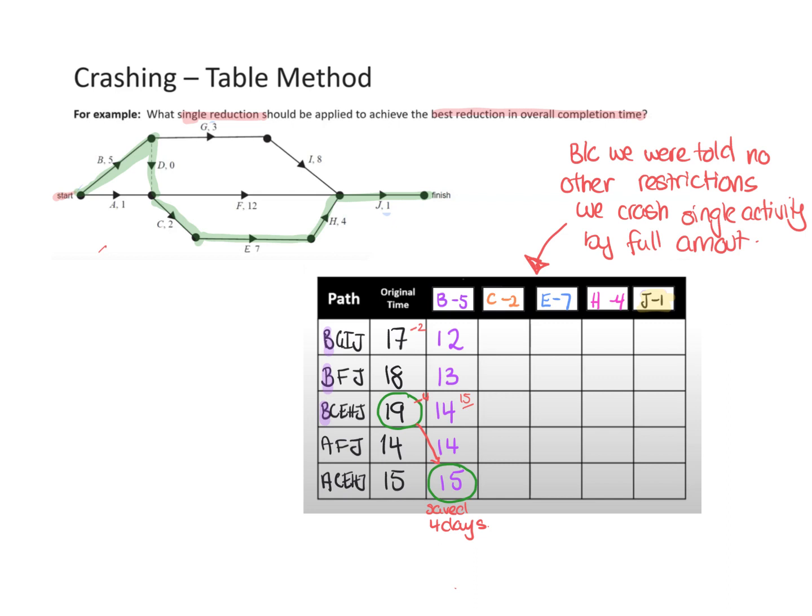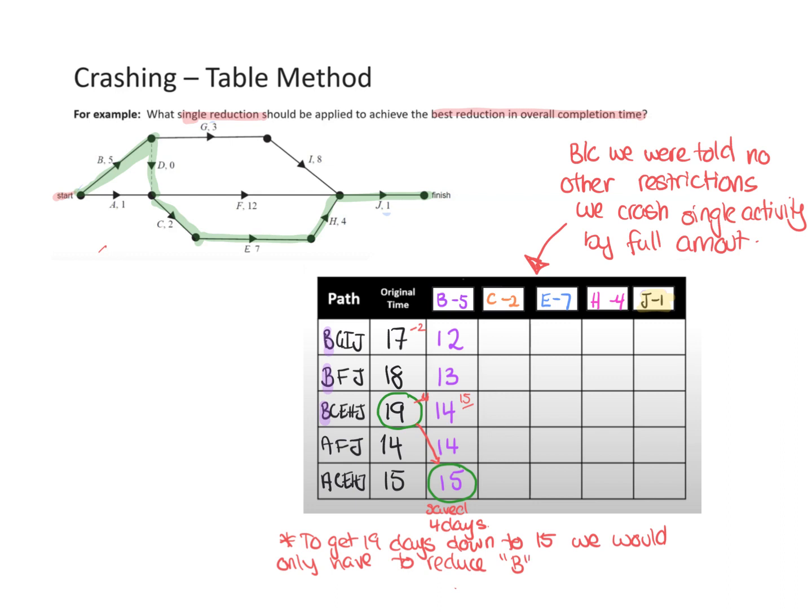So to get the original 19 days down to 15, because it has to match the new critical path, we would only have to reduce B by 4.